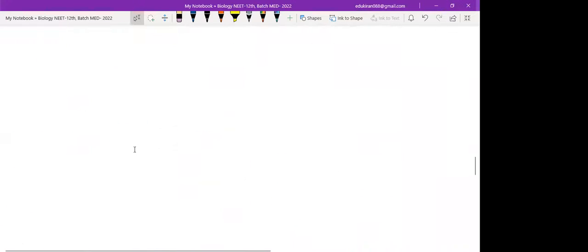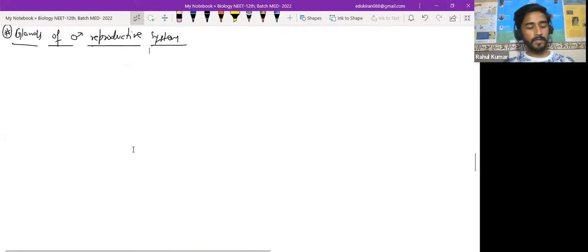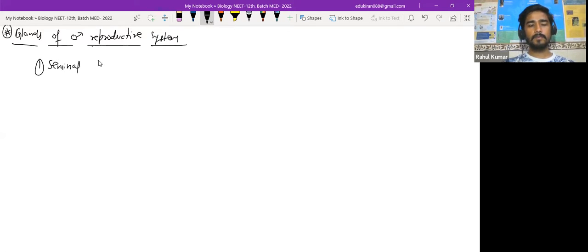Okay, so write down about the glands of the reproductive system. Write down there are 3 glands associated with the reproductive system. The first one is seminal vesicles. Now this is the most important gland from the point of view of the secretion.